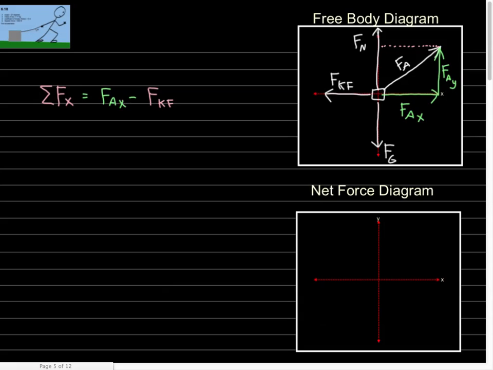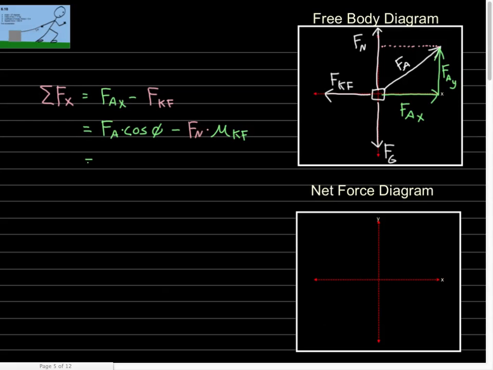All right, that's it. Okay, so looking at this a little bit more, we see that Fax is equal to Fa times the cosine of theta. Both of those are known. Minus the force of kinetic friction, which is equal to the normal force times the coefficient, which is known. Okay, things in red are unknown, green are known.